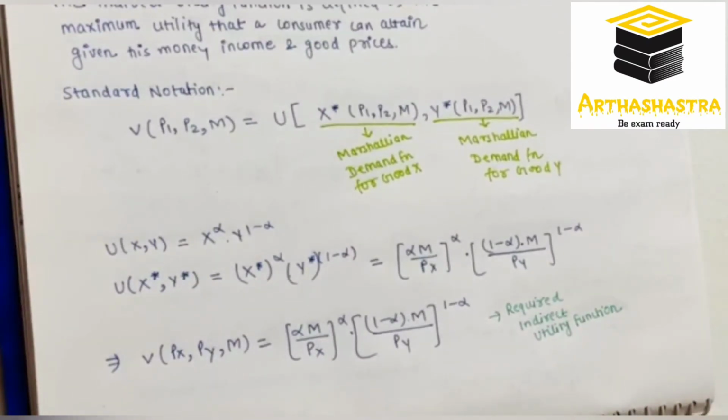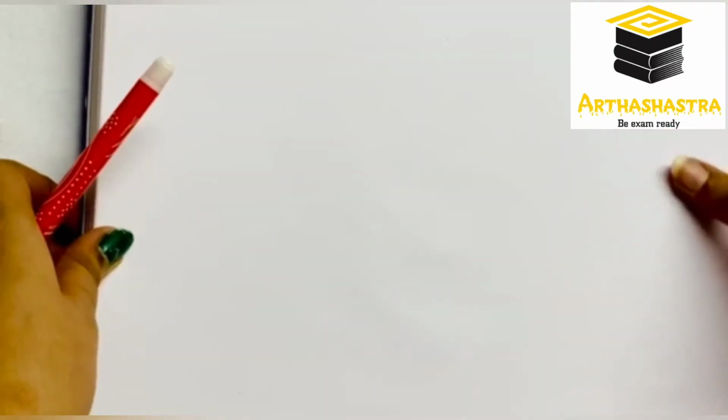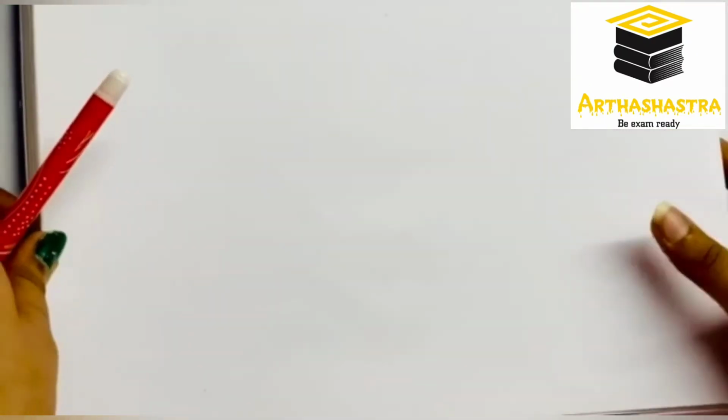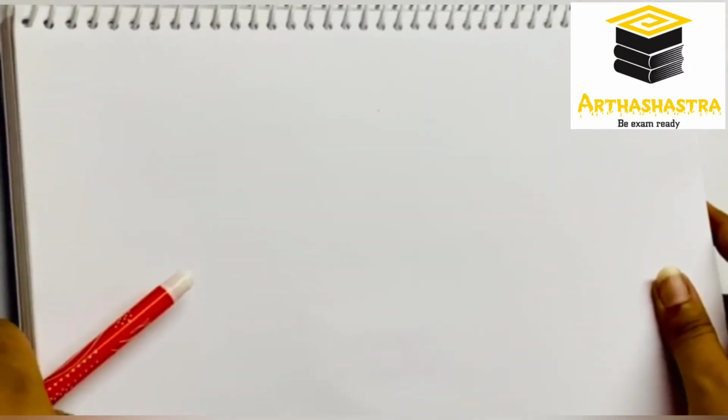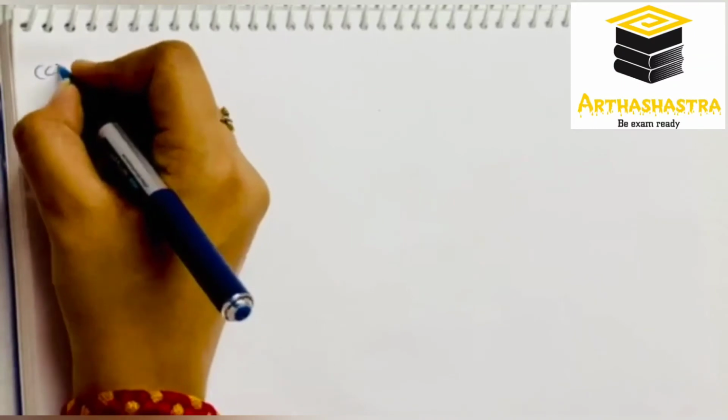So moving forward to the third part of this question, we are asked to find the maximum utility attained by the consumer, and we are given values. Okay, so let's first write down what we are given.